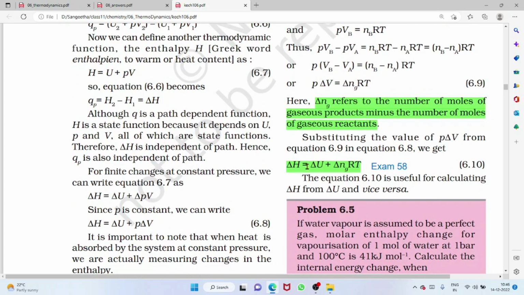This delta Ng refers to the number of moles of the gaseous products minus number of moles of the gaseous reactants.